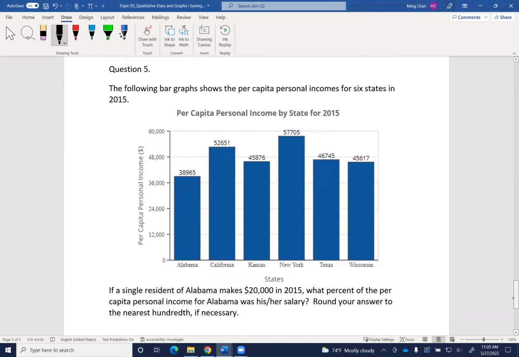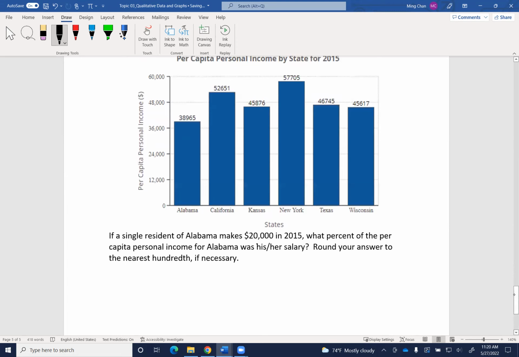If a resident of Alabama makes 20,000, Alabama is right here. So 20,000 is less than the average, right? Everybody in Alabama makes about 38,000 on average. So 20,000 is less than that, and your answer should be less than 100%. Make sure you round to the nearest hundredth and write your percent notation.